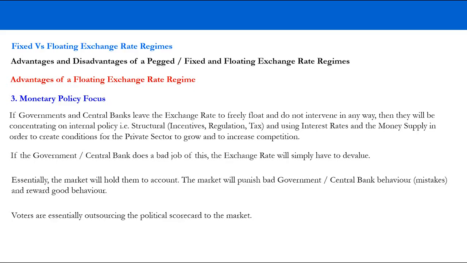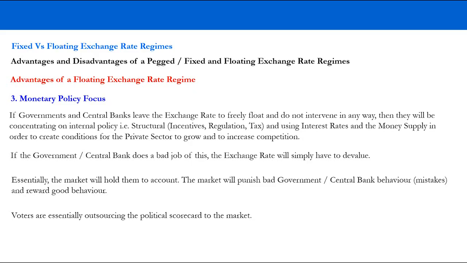So structural incentives and using interest rates and the money supply to create conditions for the private sector to grow and to increase competition. Now, if the government or central bank does a bad job of this, then the exchange rate just simply has to devalue. So essentially, the global marketplace just holds them to account. The market will punish bad government or central bank behavior, so mistakes, and reward good behavior.